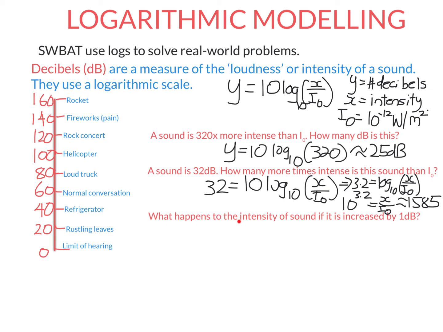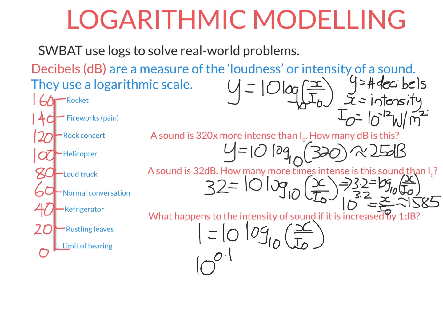All right, let's do this question here. What happens to the intensity if we increase the sound by 1 decibel? So let's calculate the intensity at 1 decibel. If we have 1 equals 10 log of the intensity over I0, we're going to do the same as what we did in the last question. We're going to divide by 10 and then raise 10 to that power.